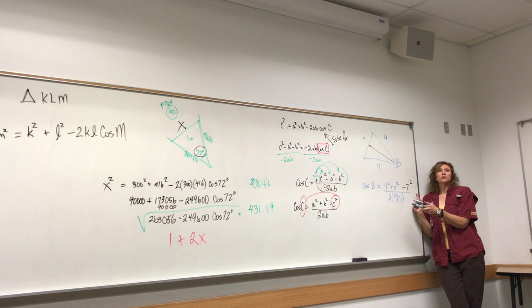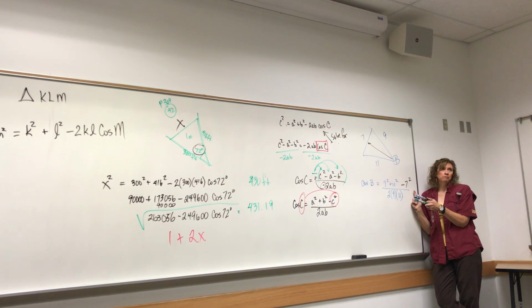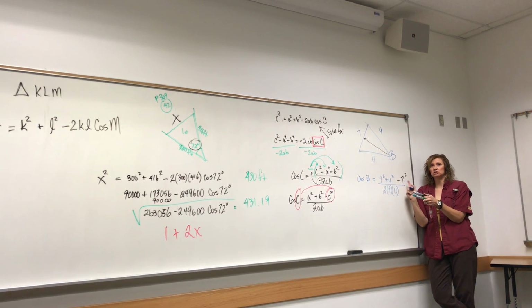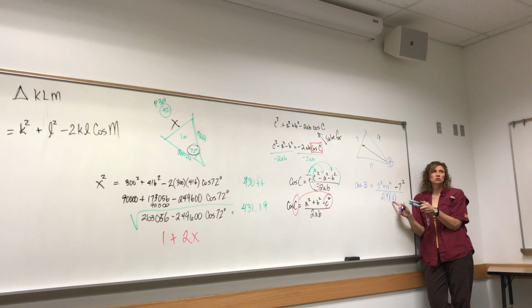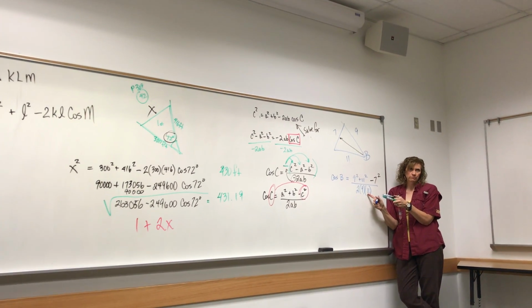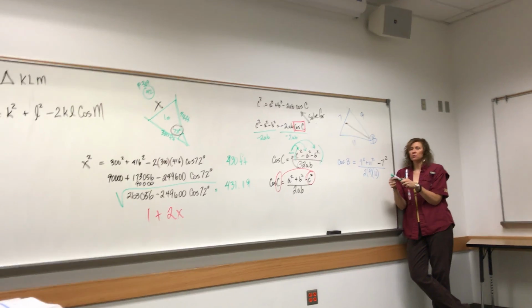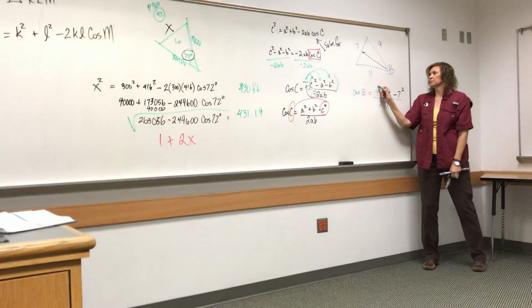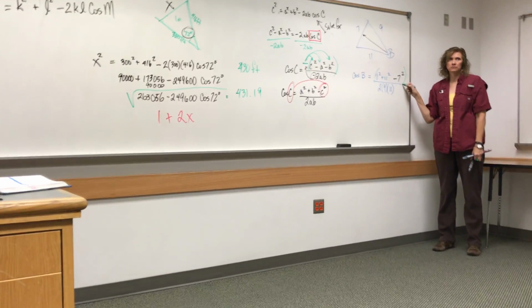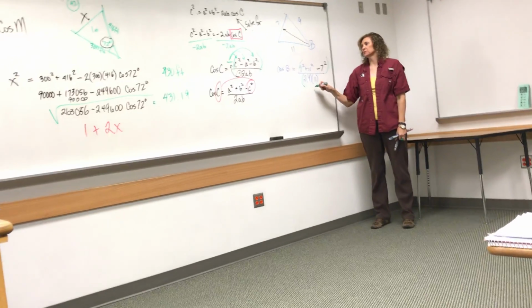Be super careful if you're punching this up all at one time, because now we're mixing addition and subtraction with division and multiplication. If you're gonna punch this up all at one time, you're gonna need parentheses around this, and parentheses around this.